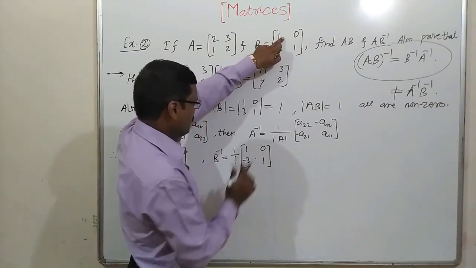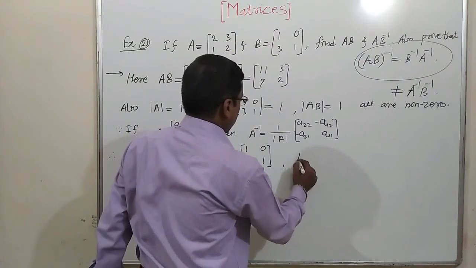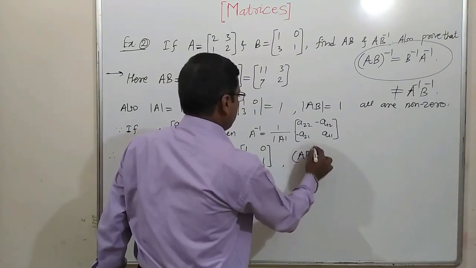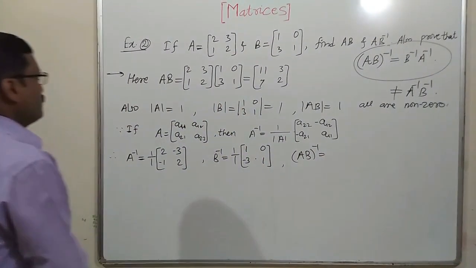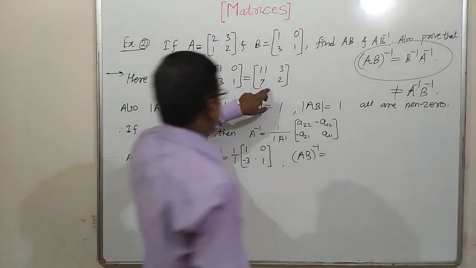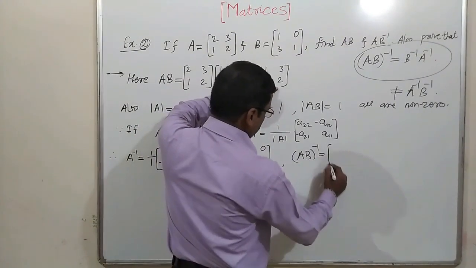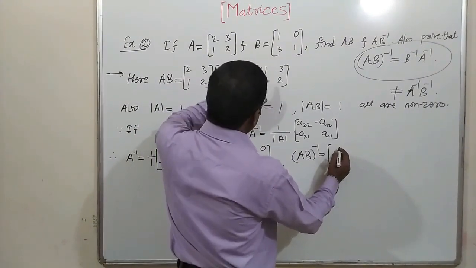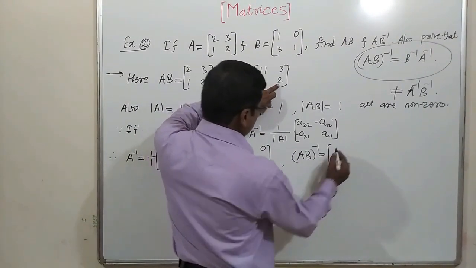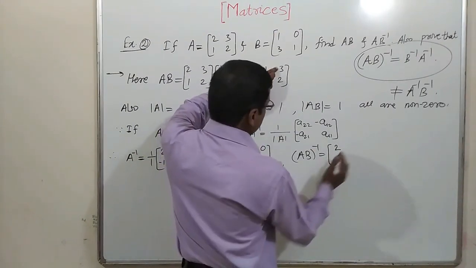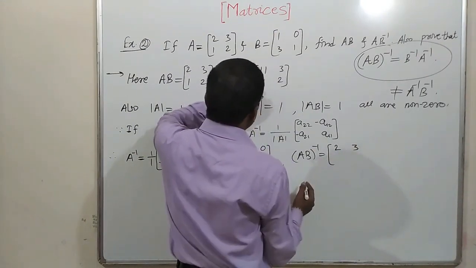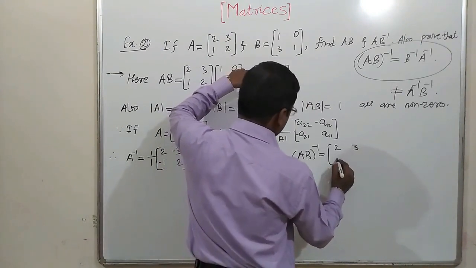No need to change the sign of 0. So B inverse. And what will be AB inverse? AB is this. Reading is 11, 3, 7, 2. I will write the same elements, but starting from the last, that is 2, column wise 3, 7, and then 11.